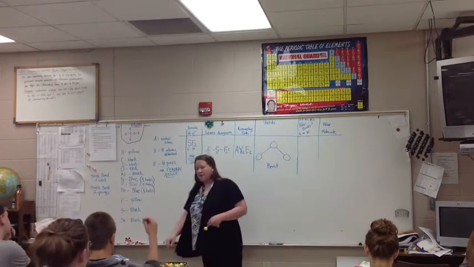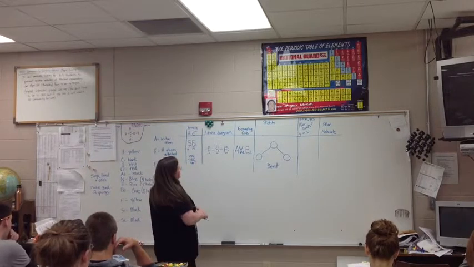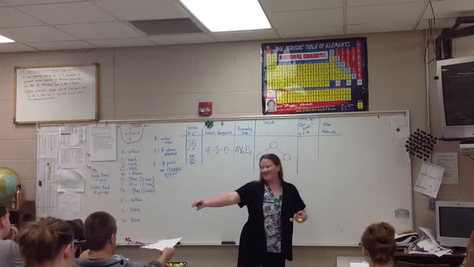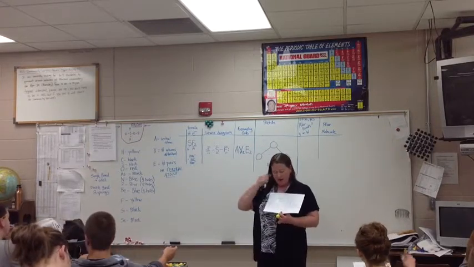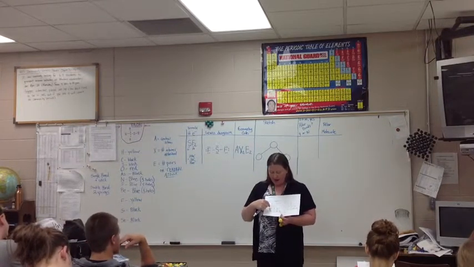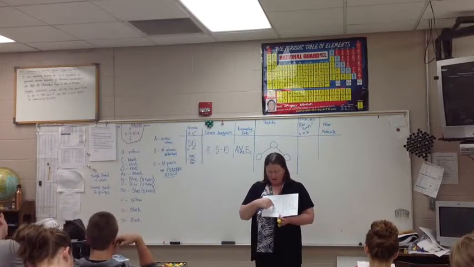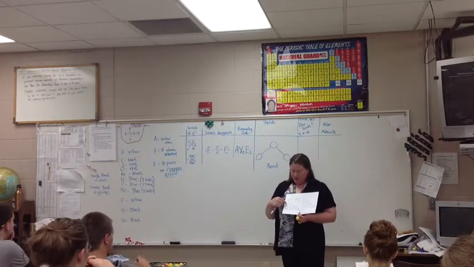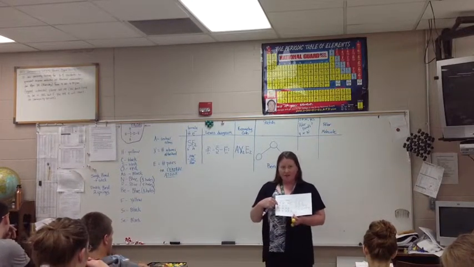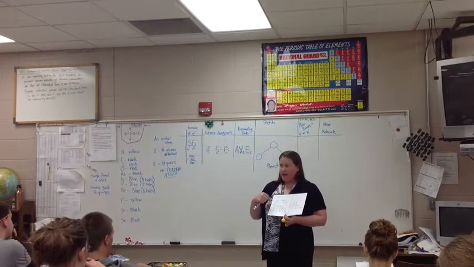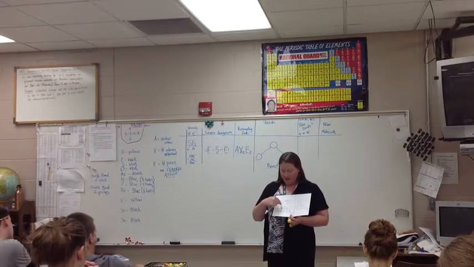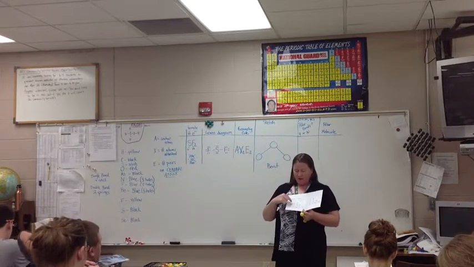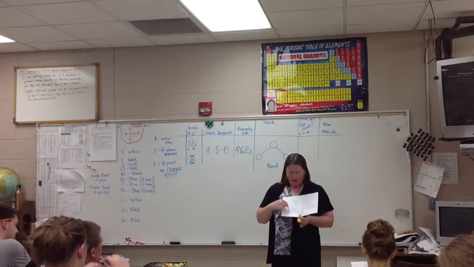Now the next thing is to indicate what the angle is. Now on this diagram, if you look at the one that's AX2E2, it doesn't give you an angle. If you go over this way, you'll see that if 4 atoms are attached, it's 109. Remember, if we have a pair of lone pair electrons, it will put a downward force on that and make it a little less than 109.